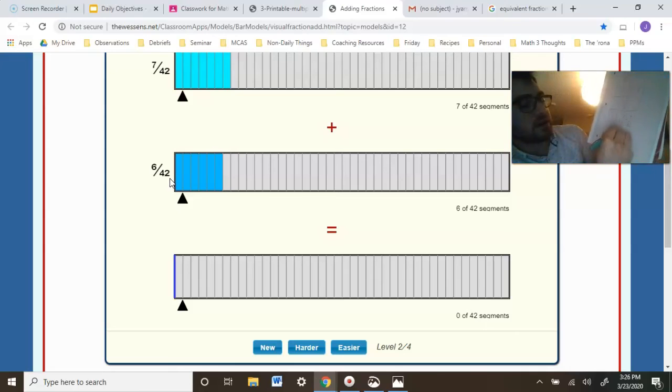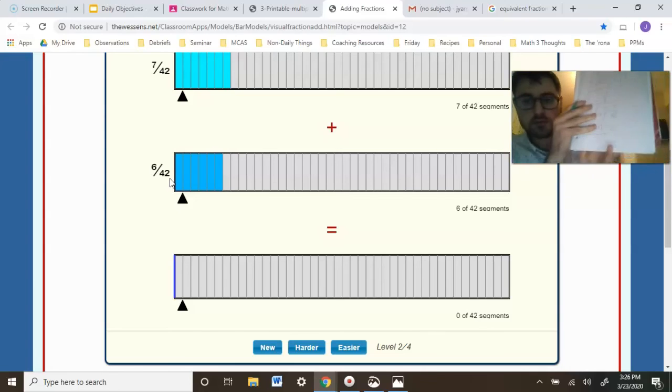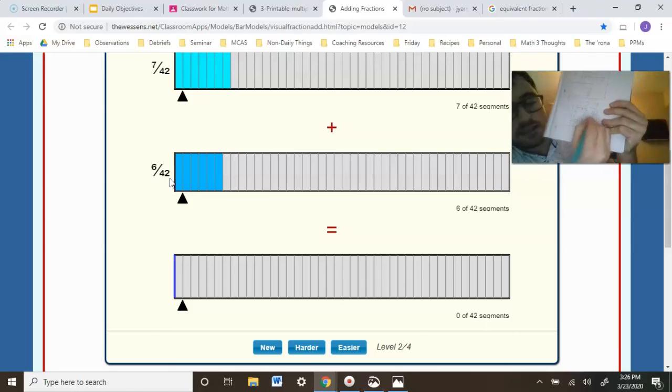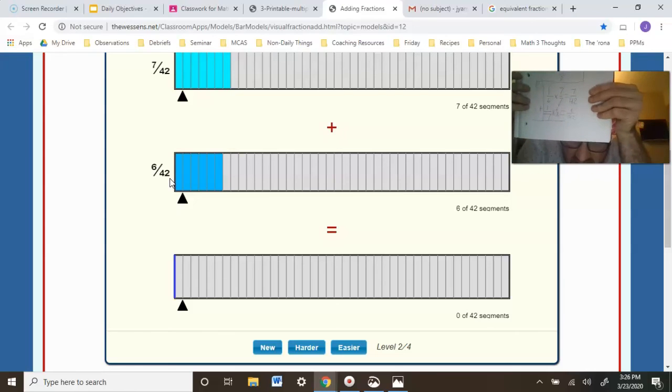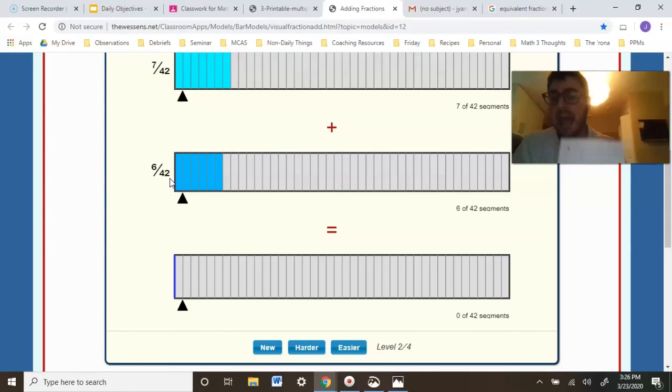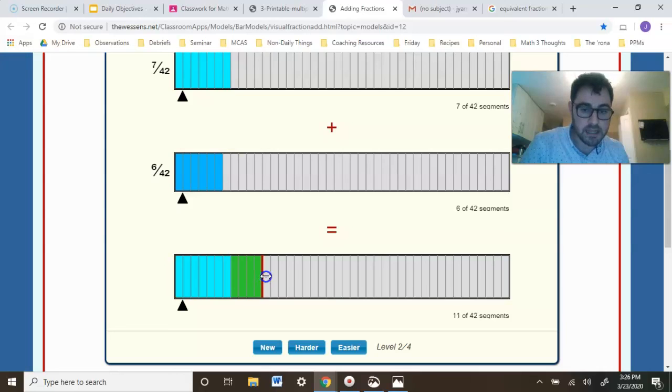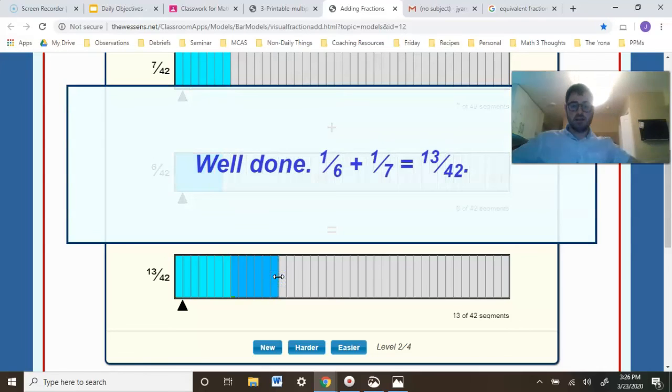Means that up here I should have written 1 times 6 is 6 over 42. Now, really quickly, add those together on your page. You should have gotten the correct answer, which was 13 out of 42.